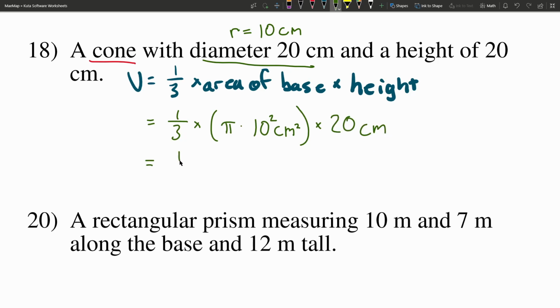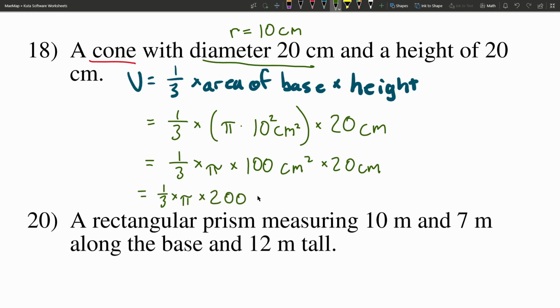Calculating this out, we're going to have 1/3 times pi times 10 squared is 100, so that's 100 centimeters squared, and that gets multiplied by 20 centimeters. Simplifying a little further, 100 times 20 is going to be 2,000, so we're going to have 1/3 times pi times 2,000 centimeters cubed.